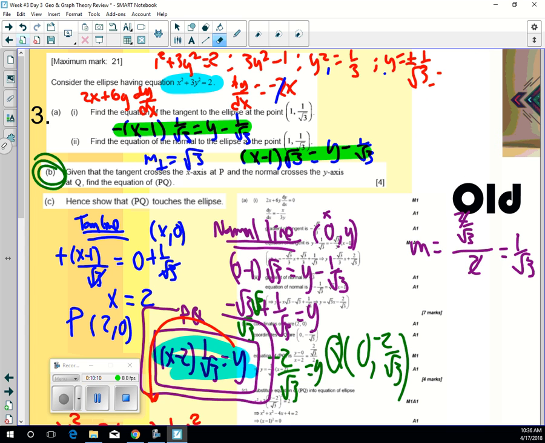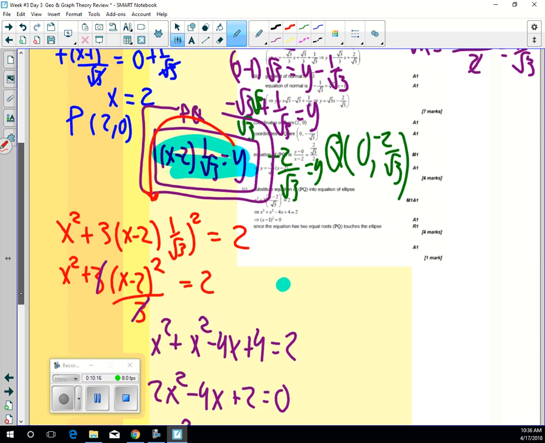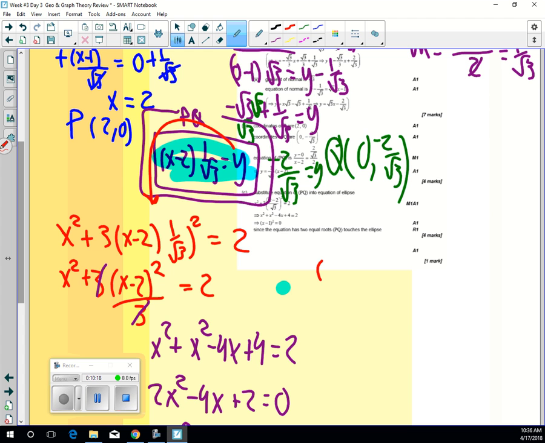So maybe I need to use the line PQ. You think? So let's do that. 1 minus 2 is equal to y. So this is going to be negative 1 over the square root of 3 is equal to y. So we're going to want to use the negative 1.